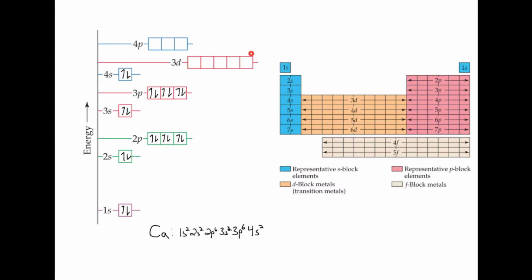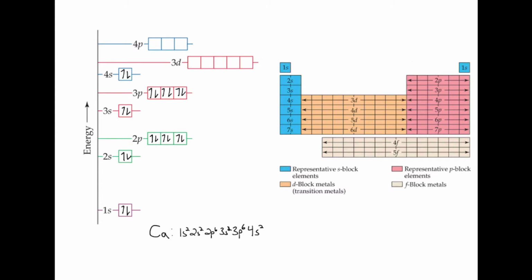And now I get to my 3d block. The one part that potentially is confusing here is that the row of the periodic table had essentially correlated to the principal quantum number before. And generally speaking, that's true.